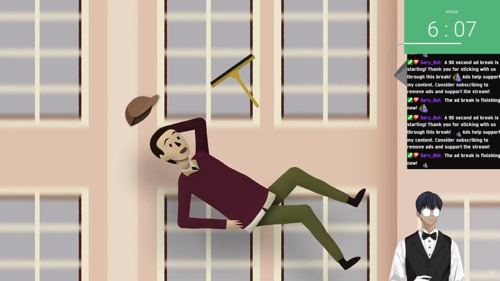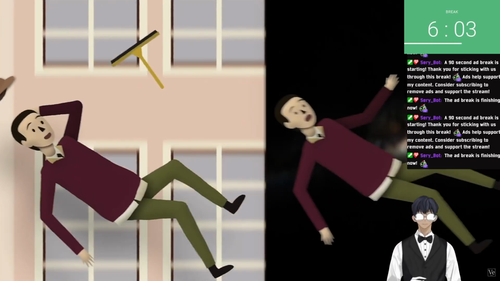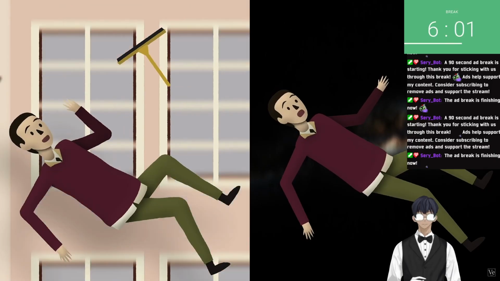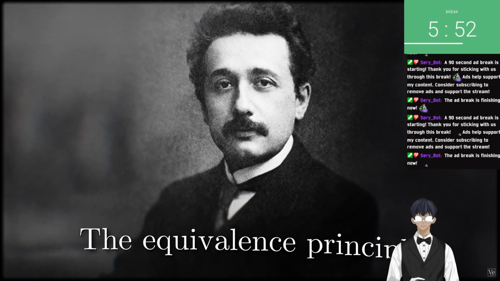It's ironic. We would have said, he's being pulled down to the ground because the gravity of the Earth is exerting a force. But Einstein said, while that person is in motion, what we call free fall motion, they would actually feel no gravity at all. So there must be some equivalence between accelerated motion and the action of gravity. So Einstein arrived at what he called the equivalence principle.